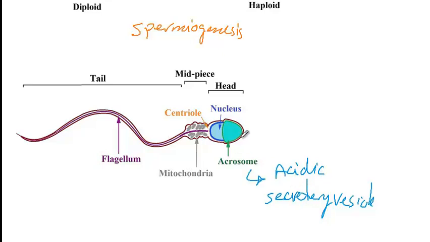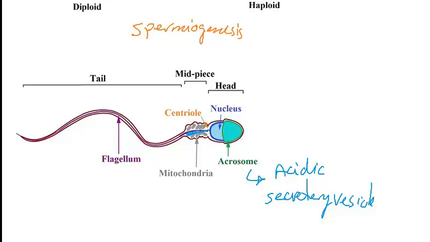So this acrosome will help the sperm to penetrate into the wall of the egg and enter the egg. The middle part, which is called midpiece, is containing axonemes that are surrounded by mitochondria. And so this structure is generating enough energy in order to promote the flagellar motility.